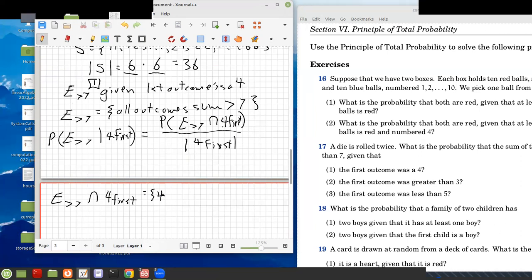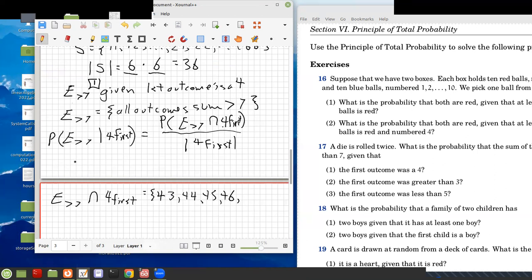We can have 4, 3, because that's 7, 4, 4, 4, 5, 4, 6. But there has to be a 4 first, so we have to have a 4 here. So it could be 4, 3, 4, 4, 4, 5, 4, 6. Those are the ones where the sum is 7 or more.